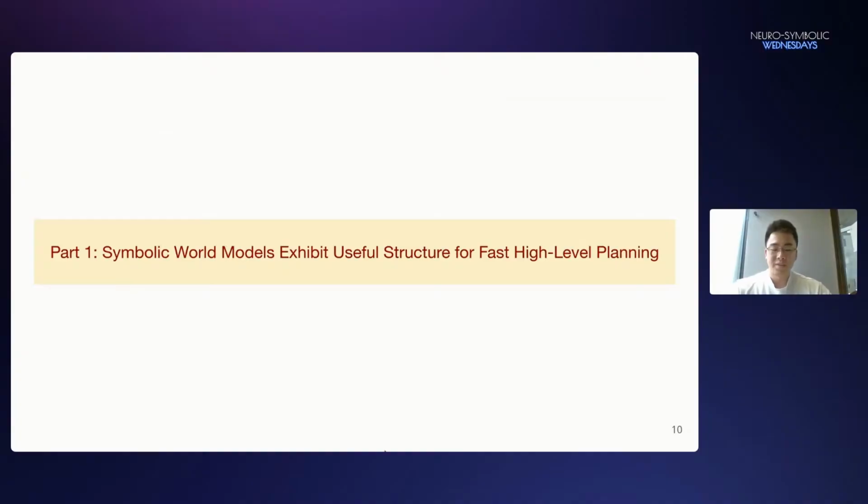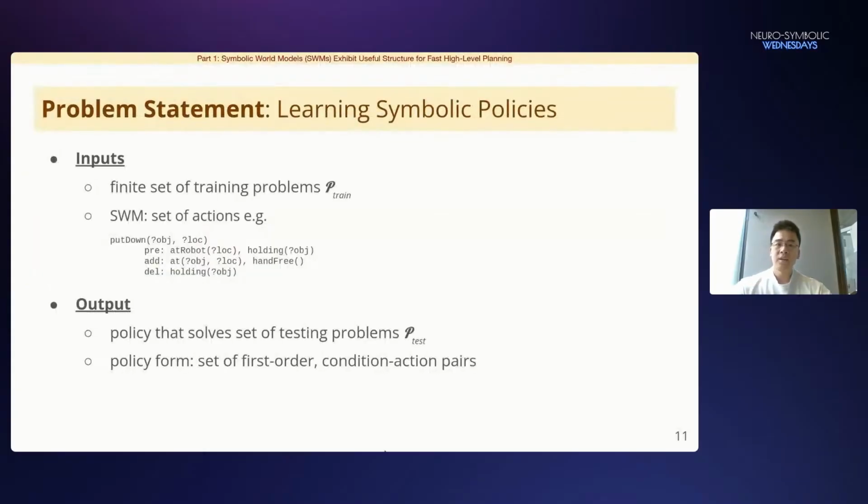With symbolic world models defined and set aside, we'll talk about how we can use them to do very fast, high-level planning, so planning over abstractions. The problem we're going to look at is learning symbolic policies that generalize from small problems into new testing or unseen problems.